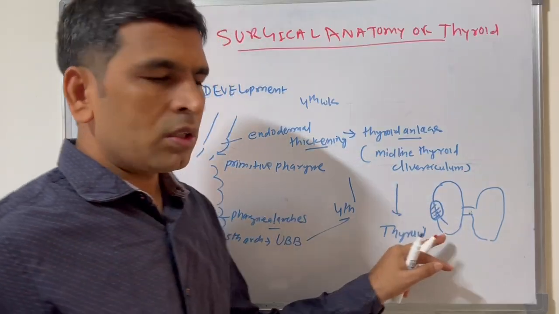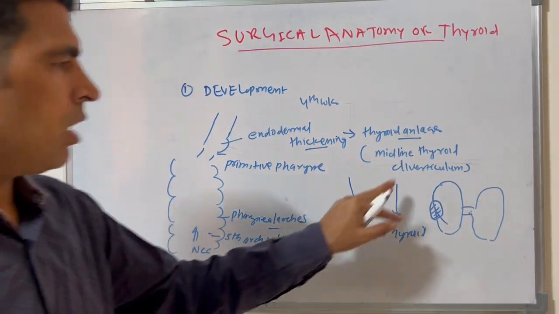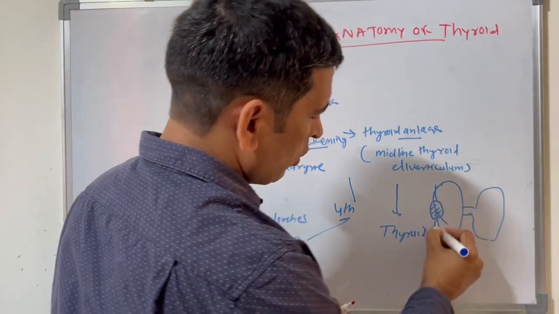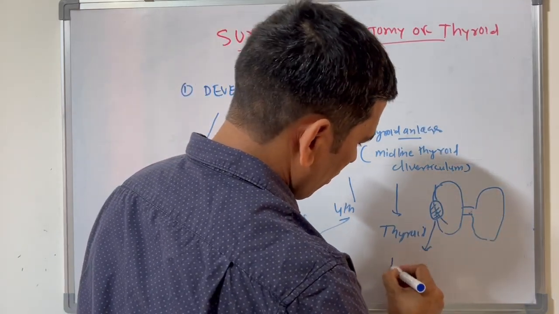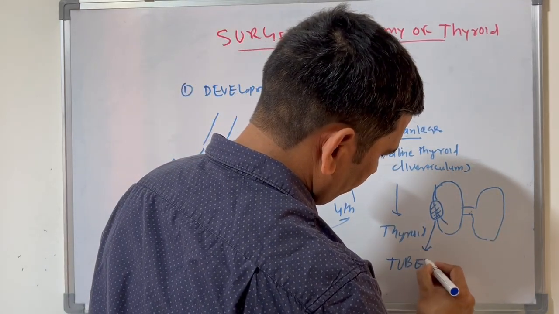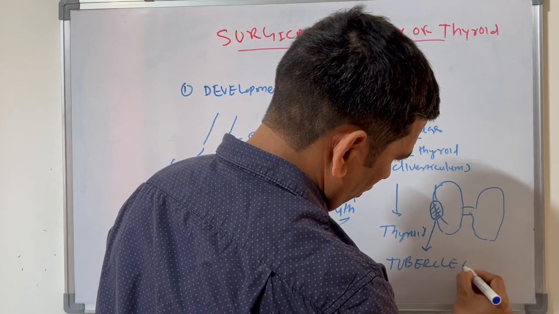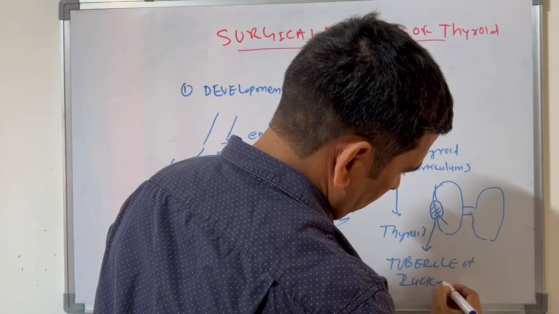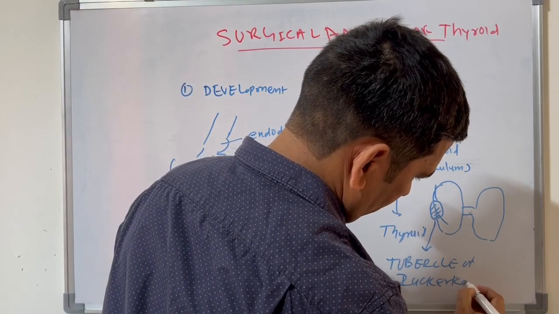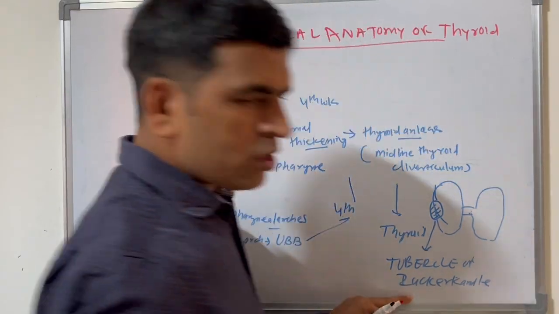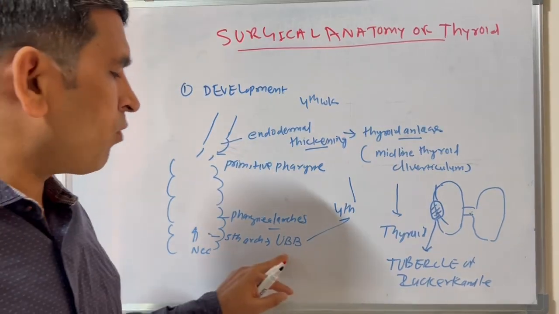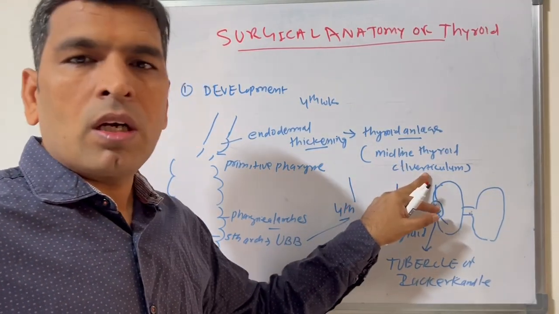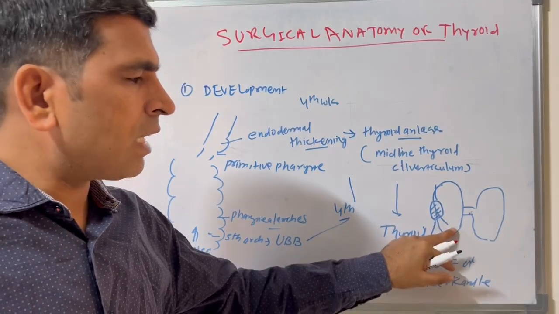We have this ultimobranchial body and this midline thyroid diverticulum fused. It's called the tubercle of Zuckerkandl. So this tubercle of Zuckerkandl forms the fusion between the ultimobranchial body and the midline thyroid diverticulum that develops the thyroid.